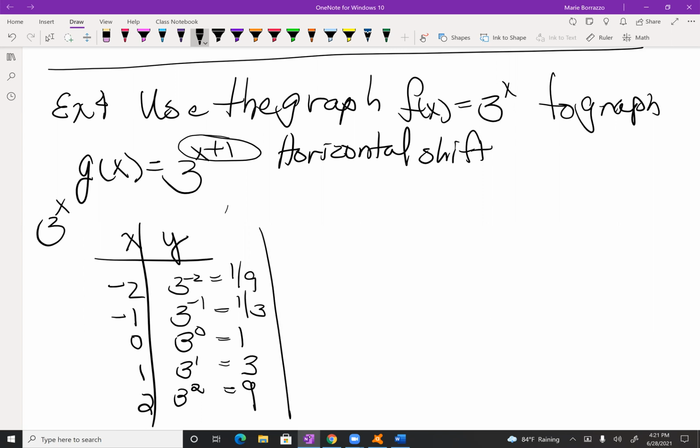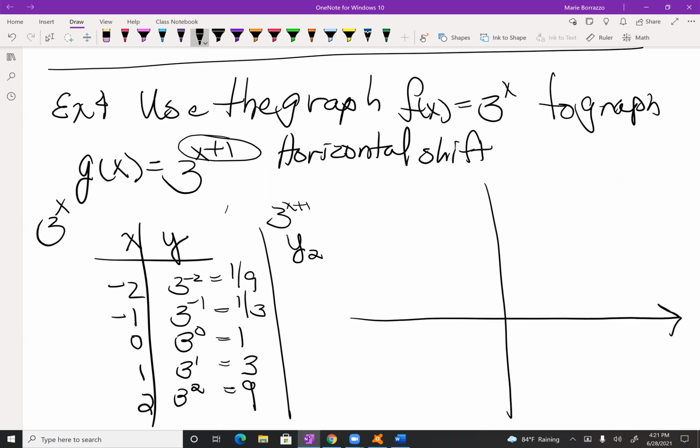Now, if you notice, we're going to graph over here what I'll call y2, which is our 3 to the x plus 1. So I want you to notice that instead of 0, 1, I'm going to move to -1, 1. So let me graph here so you see where I am. So I'll graph the original.